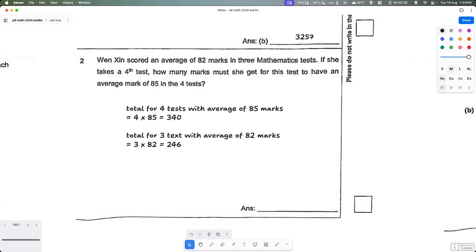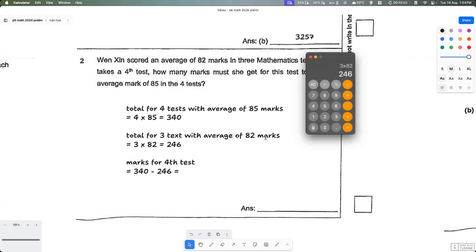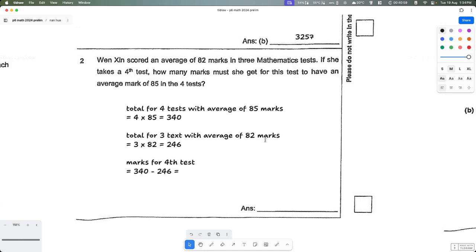So marks for the fourth test is equal to 340 minus 246. Let's see what we will get. 340 minus 246 is 94. So she needs to get 94 in order to have an average score of 85 marks.